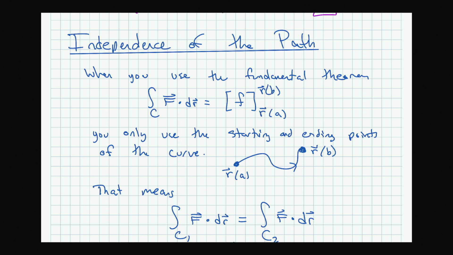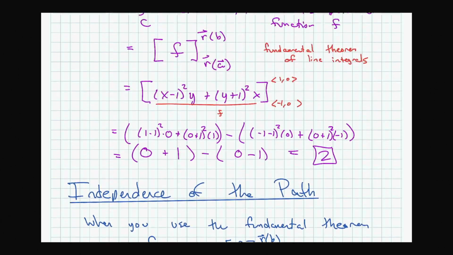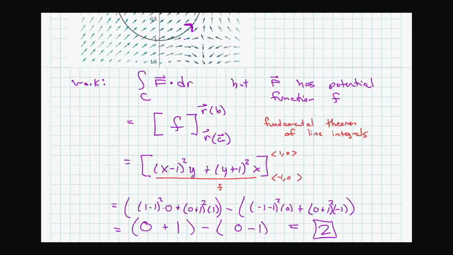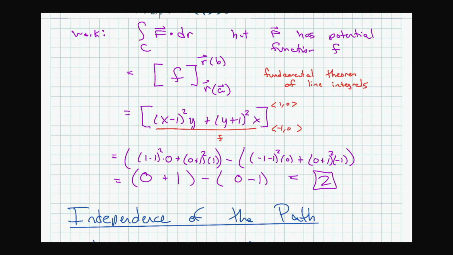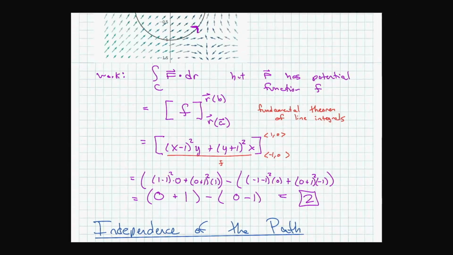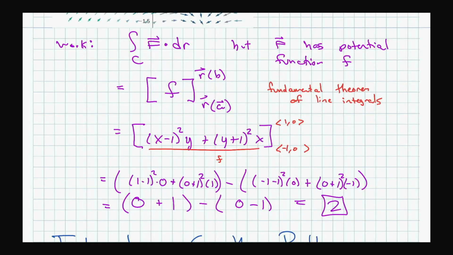That's what it means to be independent of the path. We did examples of applying the fundamental theorem, and this should be your main example here. This is an entire line integral, and it's way shorter than what we did in the previous section. That's why we like it.